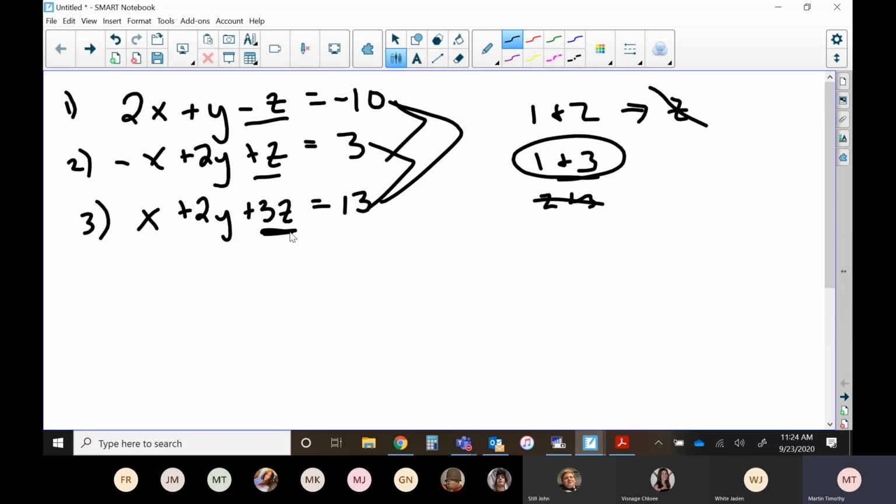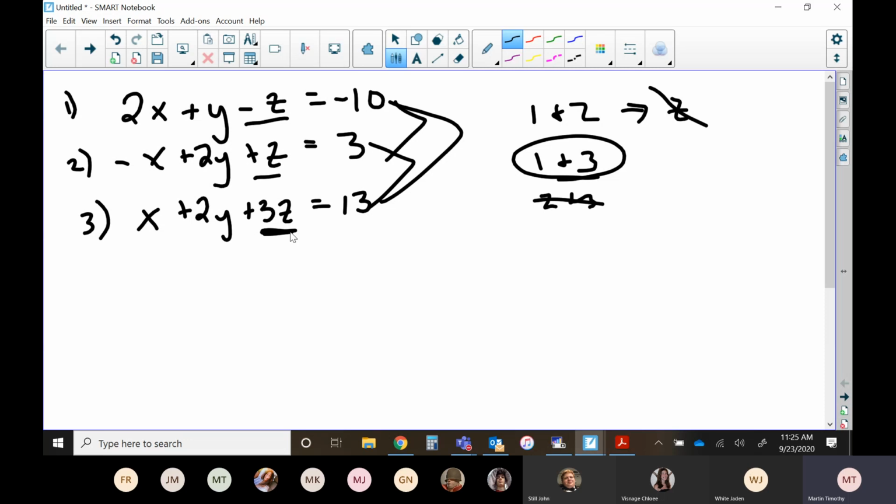Do you guys want to cancel out the z's since we've already talked through it, or do you want to cancel out the x's? You want to cancel out the z's? By the way, if I wanted to cancel out the x's, do you see the x's would cancel out by 2 and 3 combining? And then what else would I do? 1 and 2.